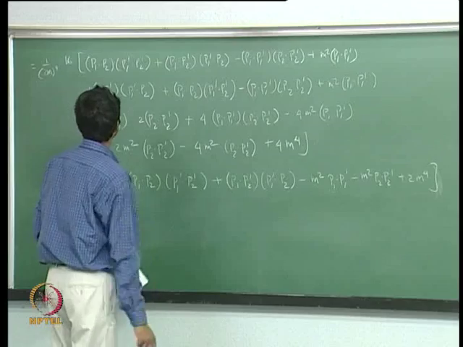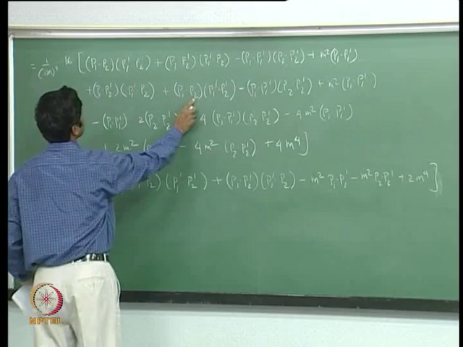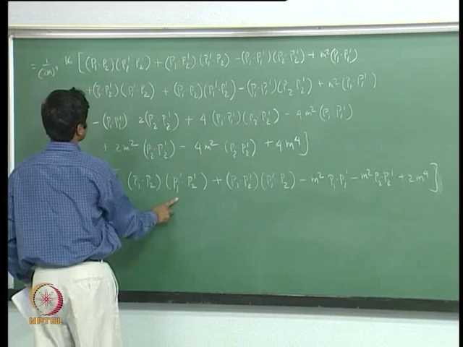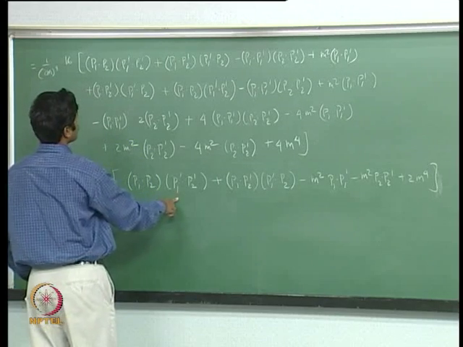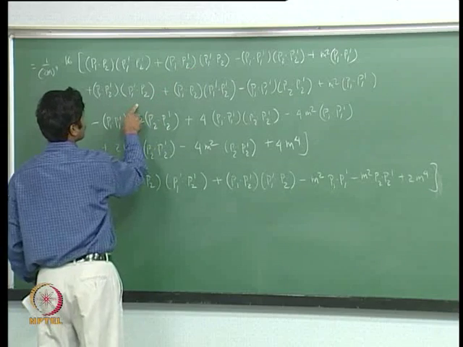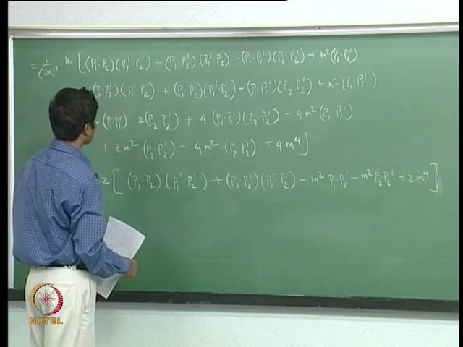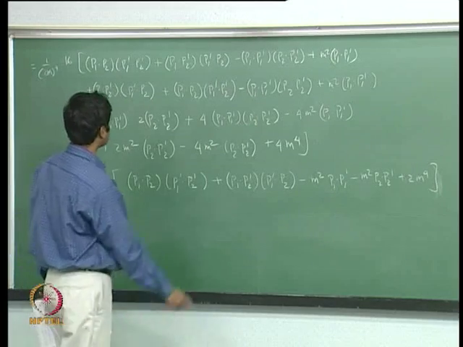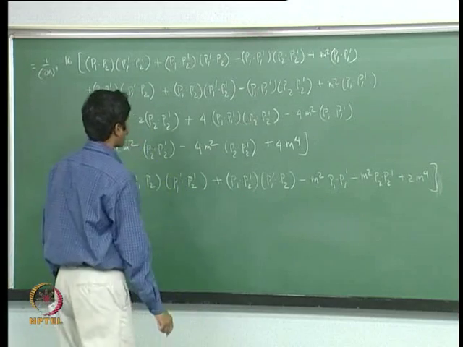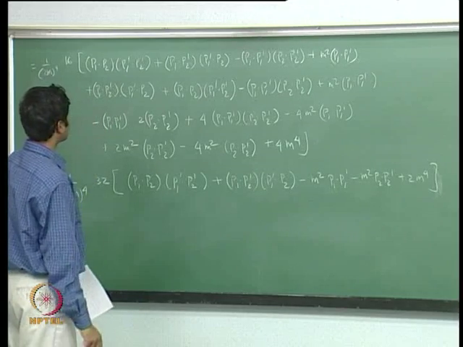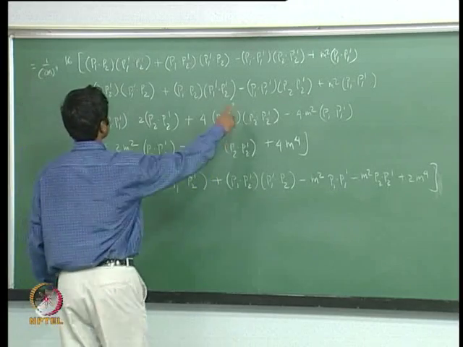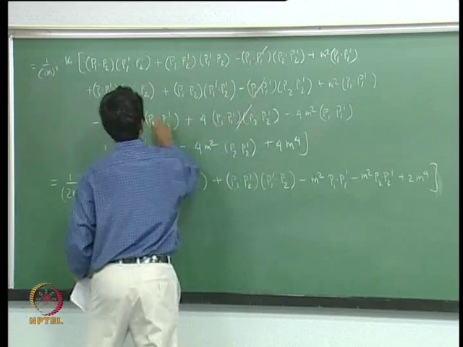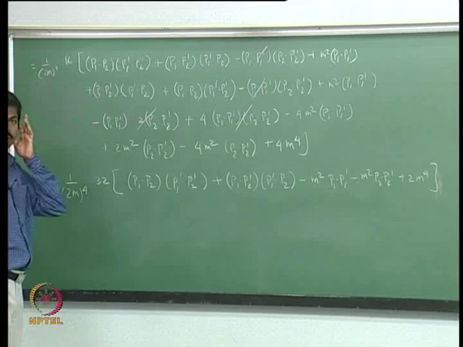Similarly, you have this, that will give me this one, and adding this P1 dot P2 prime will give me this one. Finally, what is left is this, they will just cancel. All right.